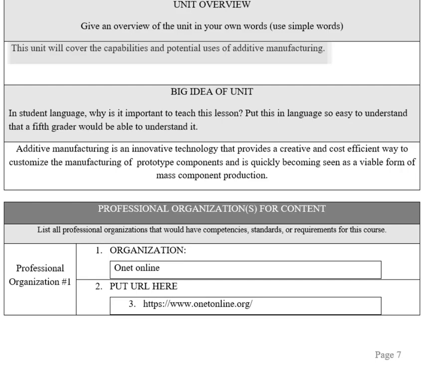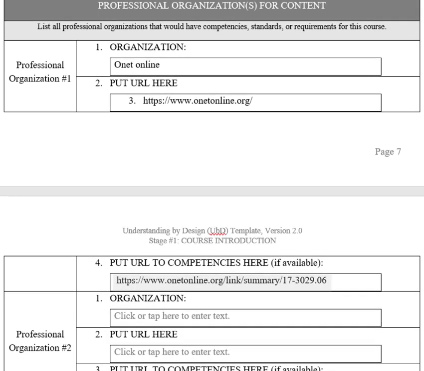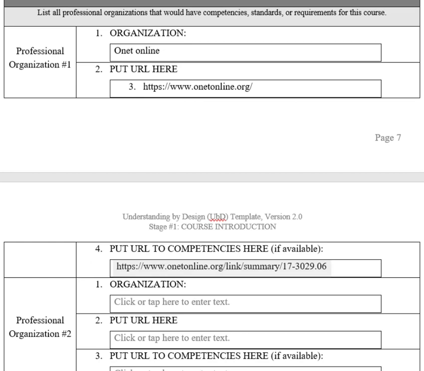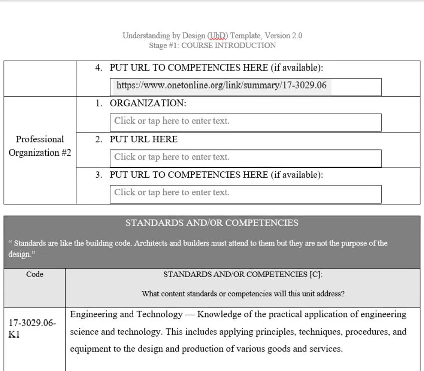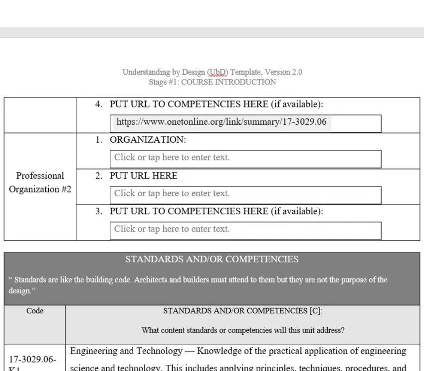Under professional organizations for content, this is the organization that provides the competencies or standards for what your unit is teaching. So in this case, the organization is O*NET, and it's O*NET Online to be more specific. The URL is in block number 2, and then the next block, it's the URL where the competencies are listed.